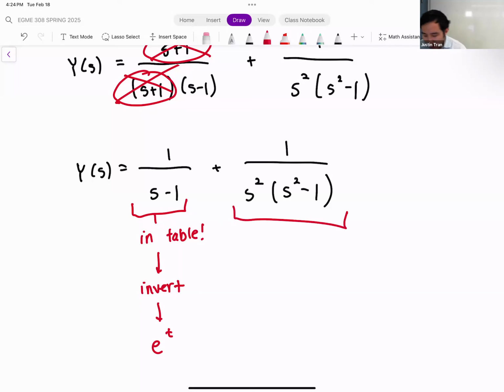The second term, on the other hand, is kind of a mess. You can look at the table all you want, forward, backward, upside down, sideways. There is nothing in the table that looks like this.